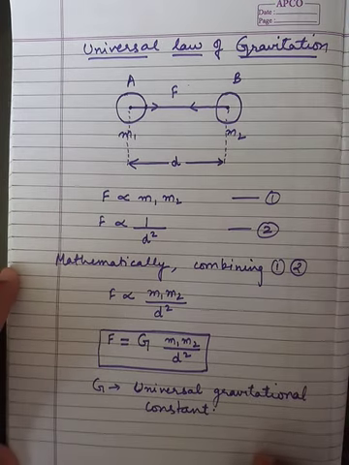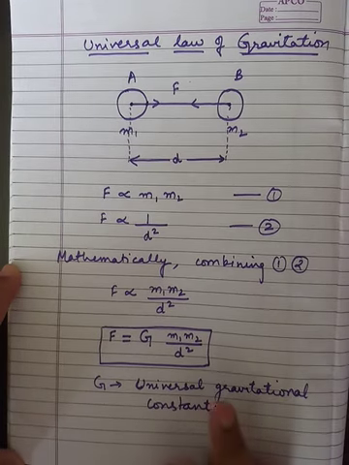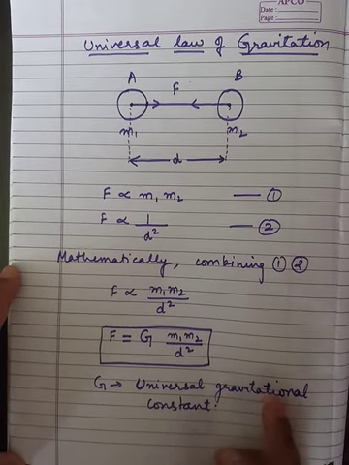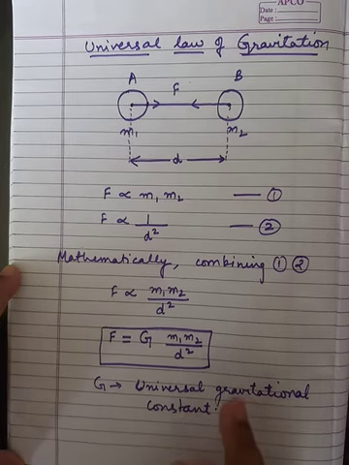now what is the value of this universal gravitational constant? Earlier in F equals ma, the k was the constant of proportionality, so in that case the k was 1.